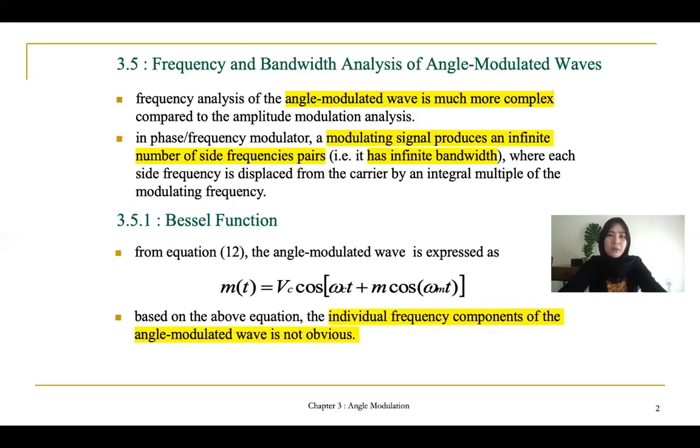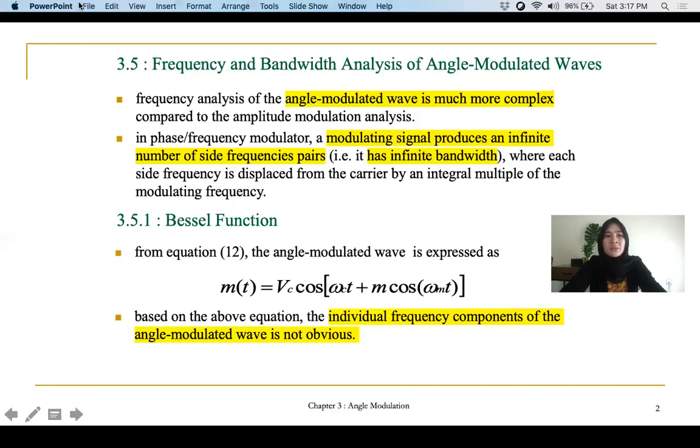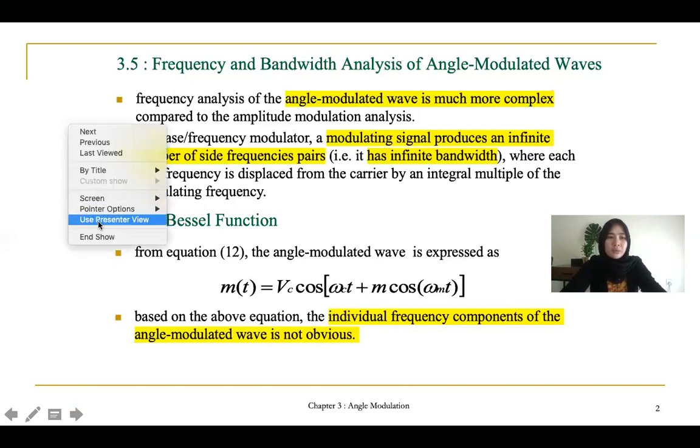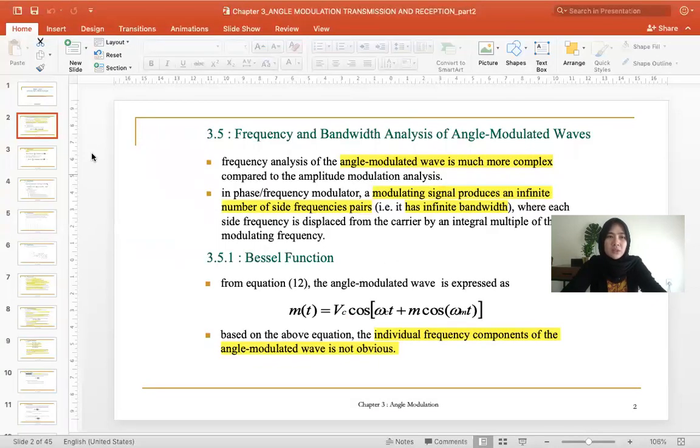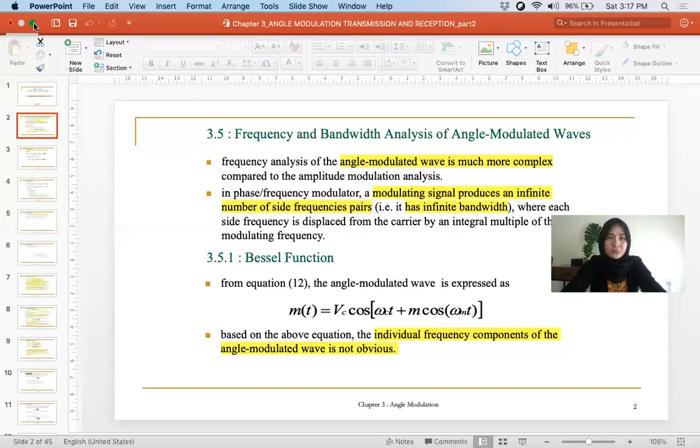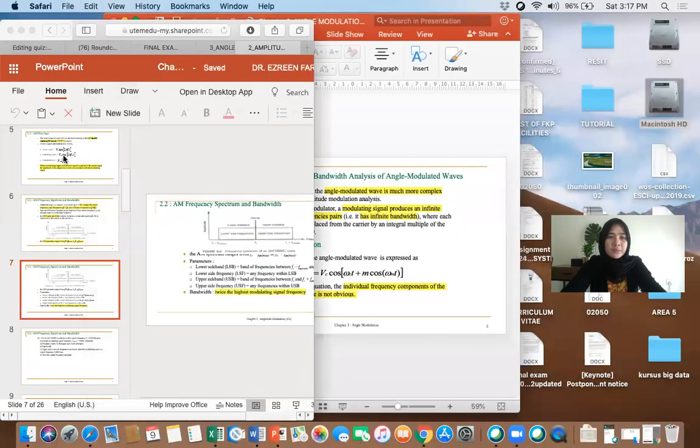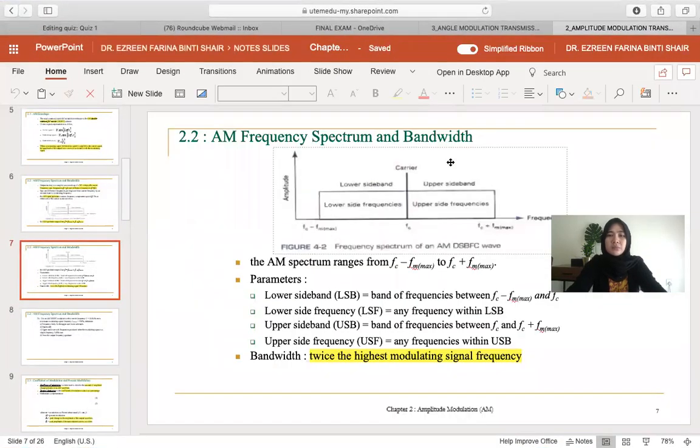If you compare with amplitude modulation, I will open the slide for chapter 2 just for recap. This is the frequency spectrum for amplitude modulation that you have learned in chapter 2.